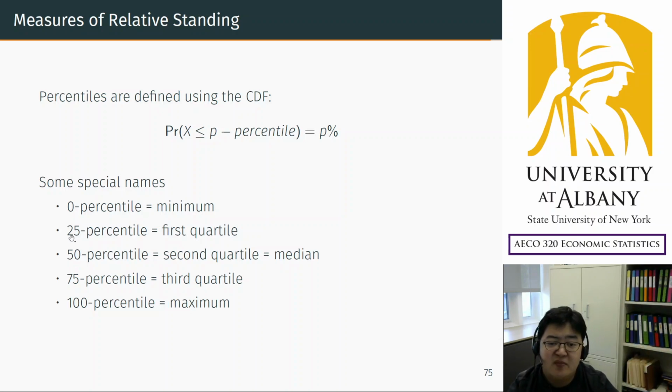And if you divide the sample into 4 equal pieces, we call the cut points the quartiles. So the first quartile is the 25 percentile, and the third quartile is the 75 percentile. The 50 percentile equals the second quartile equals the median.